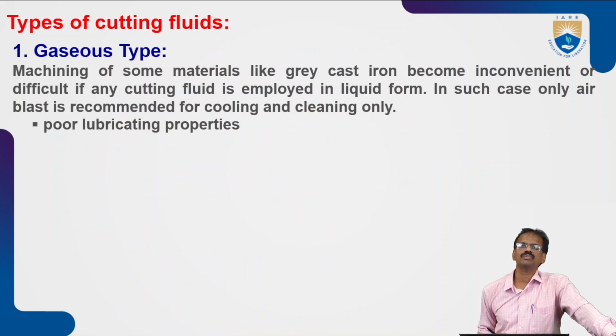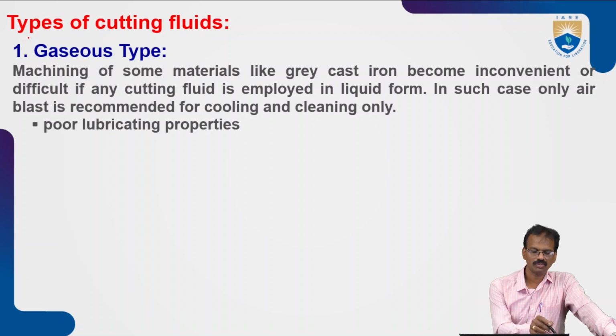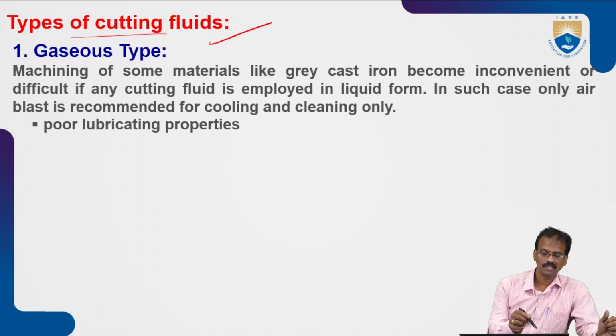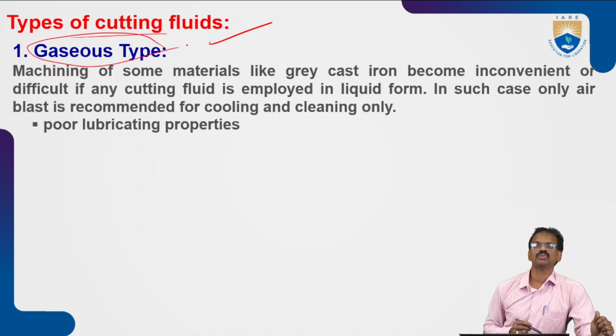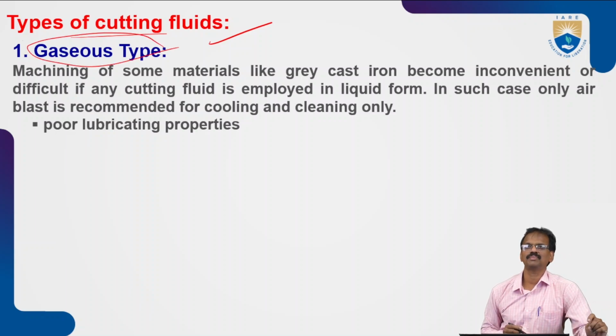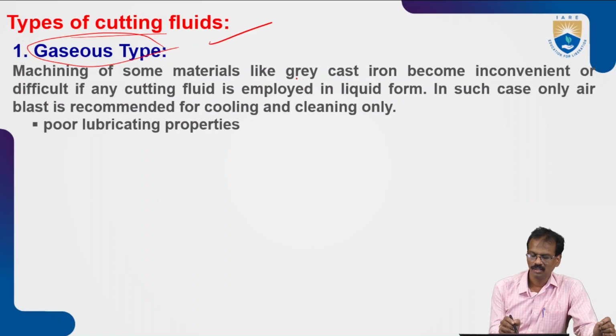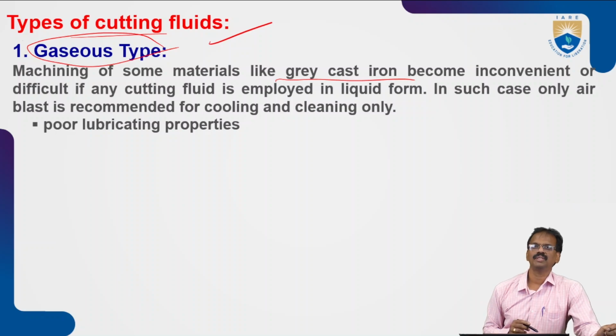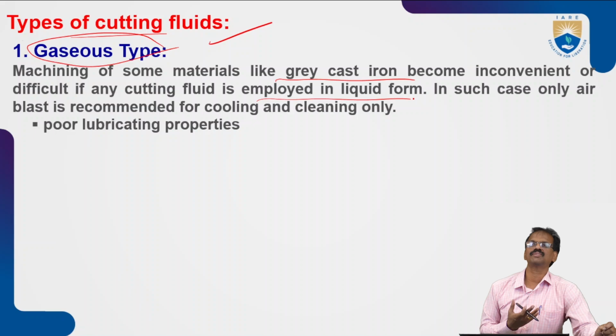Okay. So next we'll see the types of cutting fluids. What are the different types of the cutting fluids? First of all, we'll see the gaseous type. Suppose machining on some materials like grey cast iron. Grey cast iron becomes inconvenient or difficult to machine if any cutting fluid is employed in the liquid form, because that reacts with the liquid form.